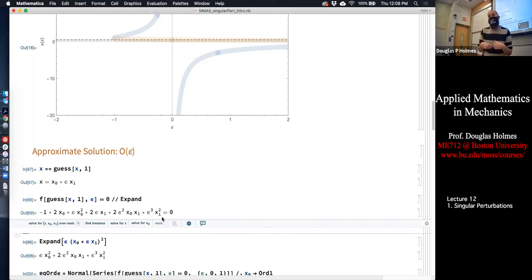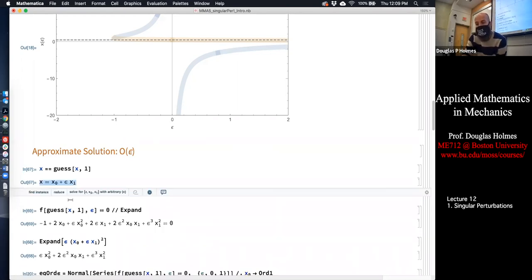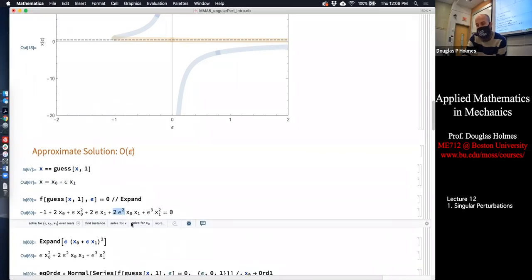To solve this equation at order epsilon to the 1, I have to get rid of any terms that contain epsilon squared or higher. By inserting this guess into our equation, our new equation contains an epsilon squared term and an epsilon cubed term. If you're doing this by pen and paper, you could just scratch out those terms and solve what remains.